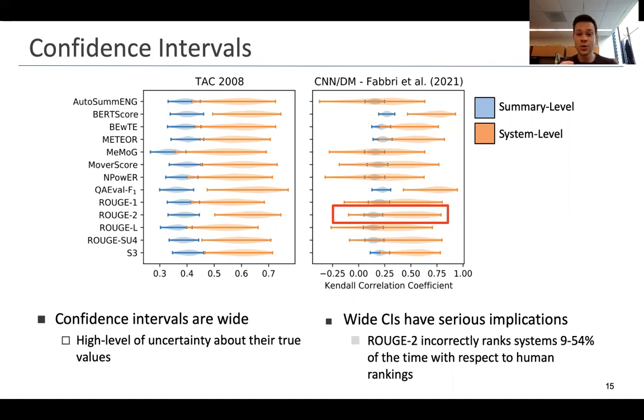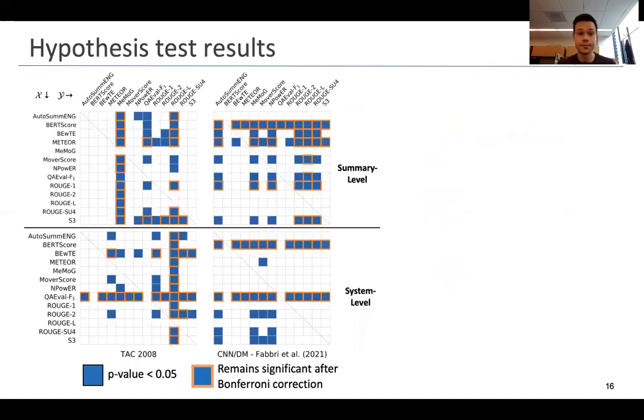And so the most extreme interpretation of this result is that over half of the time when Rouge says one system is better than the other, it's actually wrong with respect to humans. And this is really bad because just about every summarization paper in part uses Rouge to argue that their model is better than some other model, whereas we're not actually sure how accurate that is.